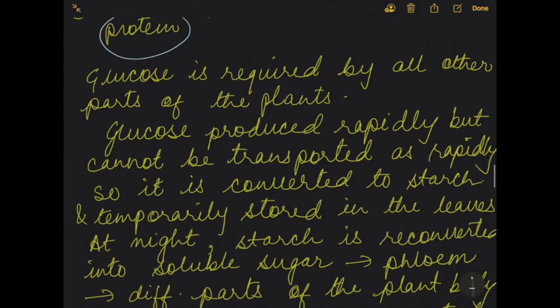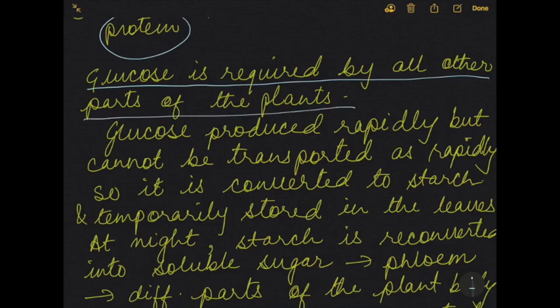Now, the glucose that is produced in the leaves is carried to all different parts of the plants. So glucose is required by all other parts of the plants. Now, glucose is produced rapidly, but it cannot be transported as rapidly. I told you, remember? So glucose is produced very rapidly during the daytime, but it cannot be transported as rapidly. So what happens?